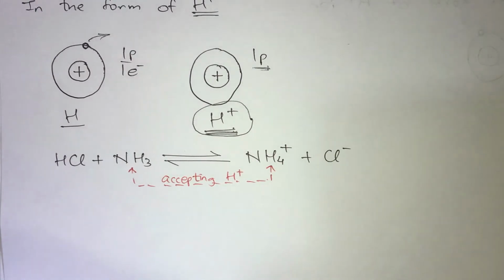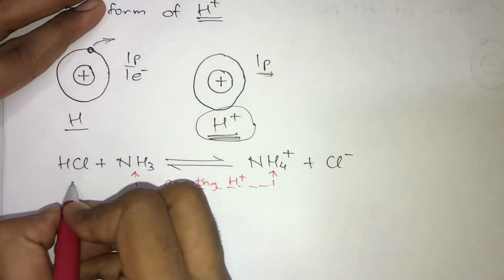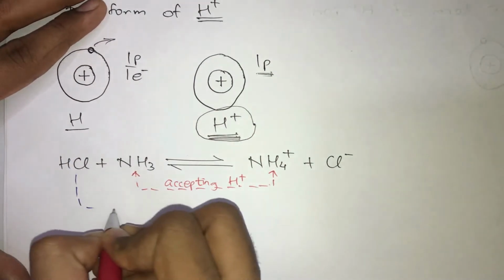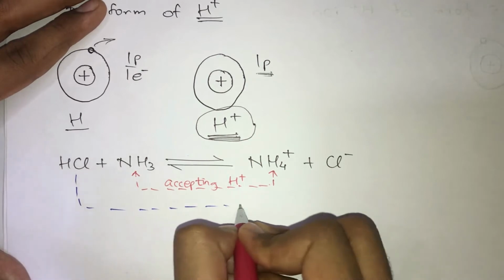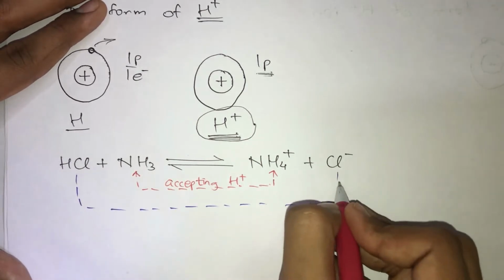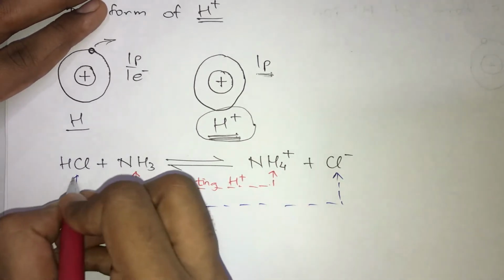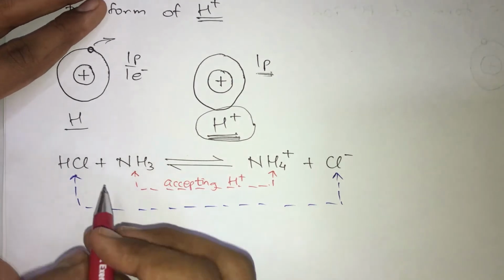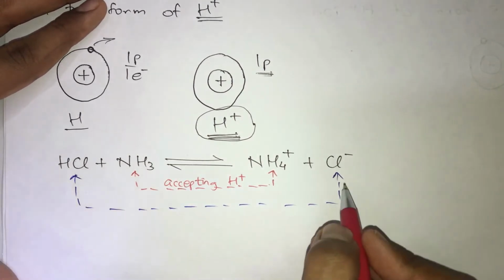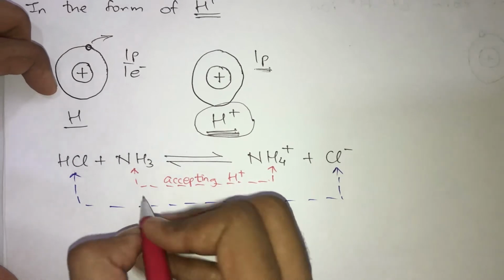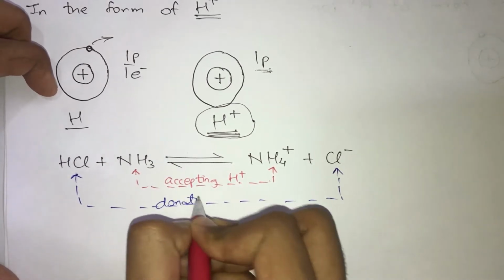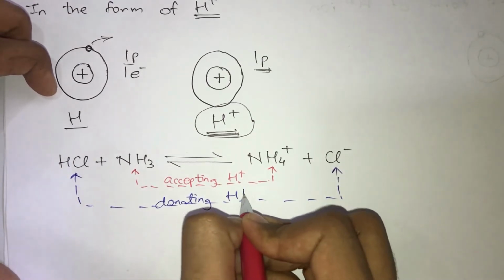Whereas, can you see over here, this HCl is getting converted into Cl minus, and while it is getting converted from HCl to Cl minus, can we say that it is donating H plus ion?